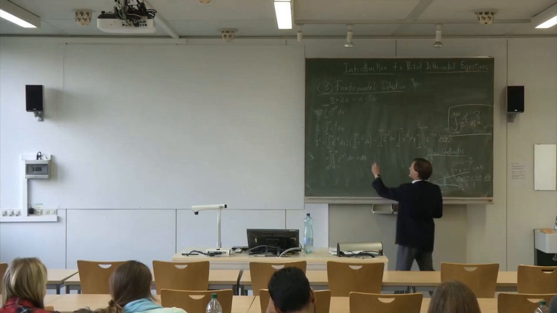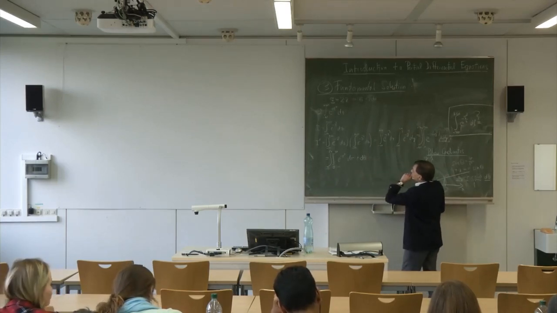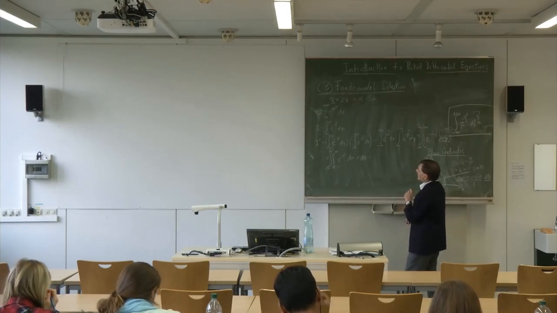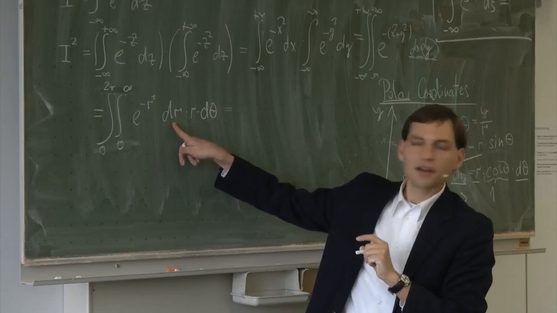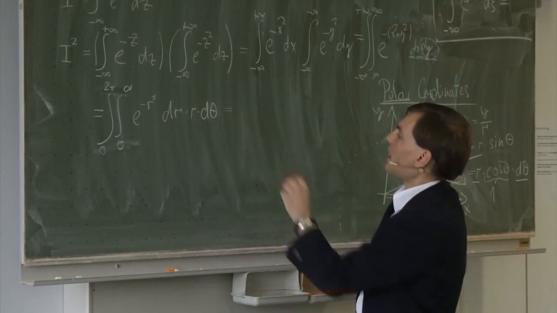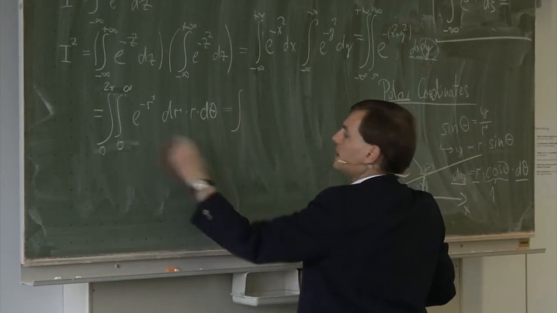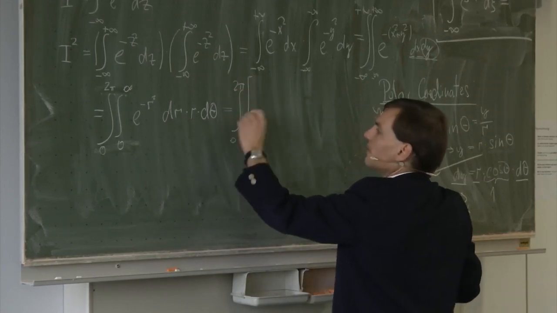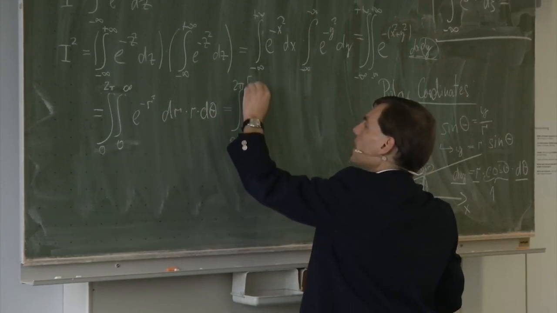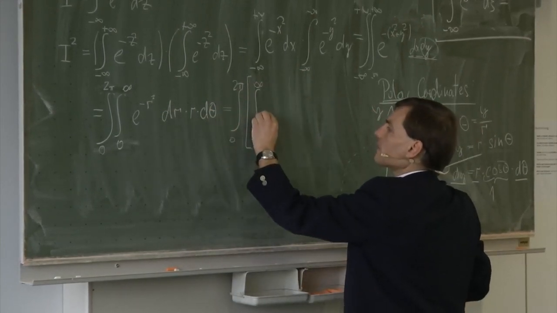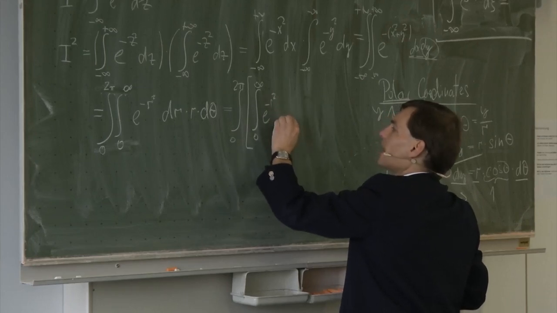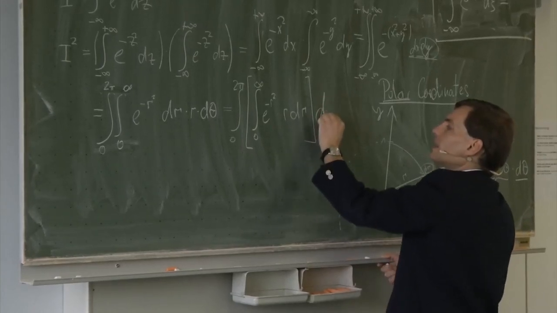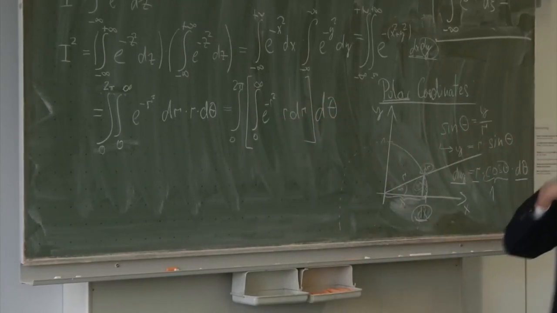Well, let's do this. I will do the following. I will first do the integration for r, and in a second step for d theta. So I separate this logically in the following sense. We integrate the first integral from 0 to 2 pi, then we make a bracket, and inside the bracket we write the inside integral from 0 to infinity, e to the minus r squared times r, dr. If we do this integral, we get a solution, and that solution is then integrated for d theta.